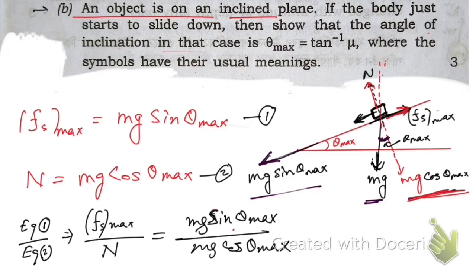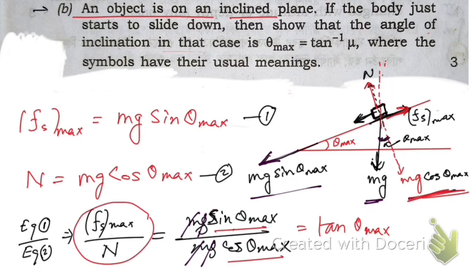So here mg gone, mg gone. So here you see sin theta max by cos theta max, that's going to be tan theta max, right? Tan theta max. So now you see, this is nothing but mu, right? So now you see, let me clean this diagram. Okay, hope you have drawn this diagram.